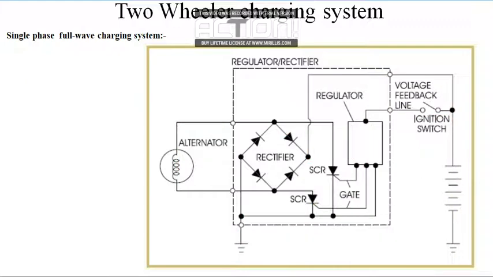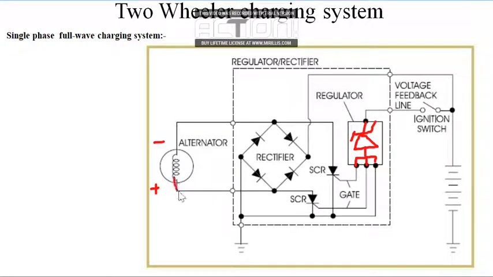Now, in case of the reverse cycle, what happens? This is the Zener diode here. Okay. Now reverse cycle means this is negative and this is positive.